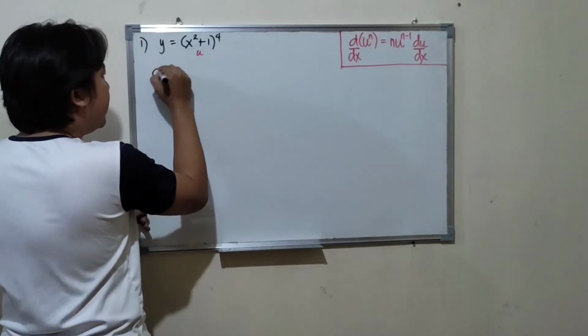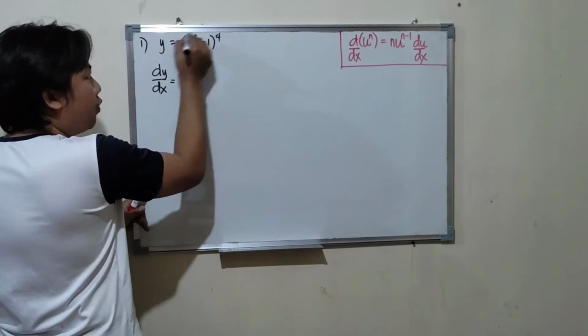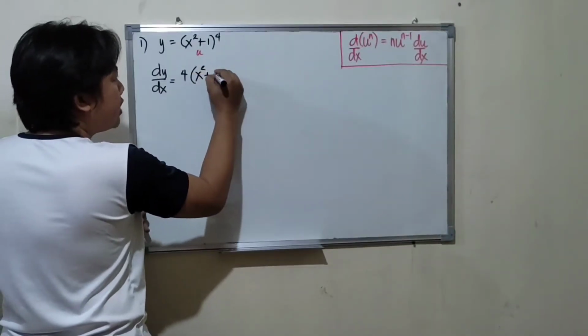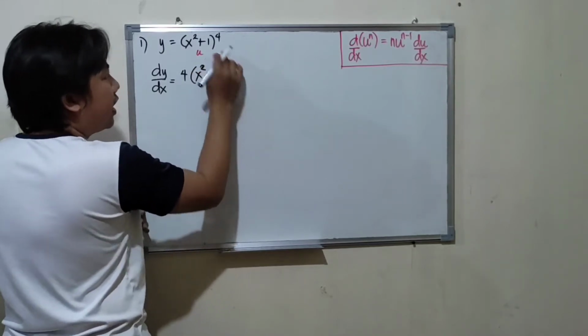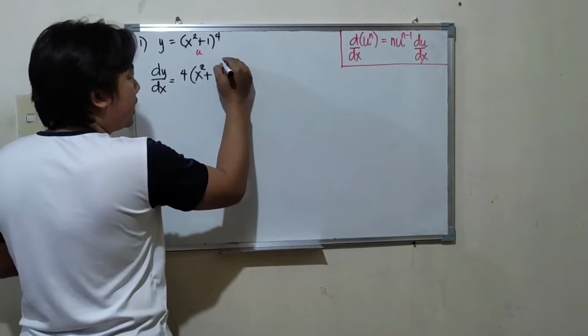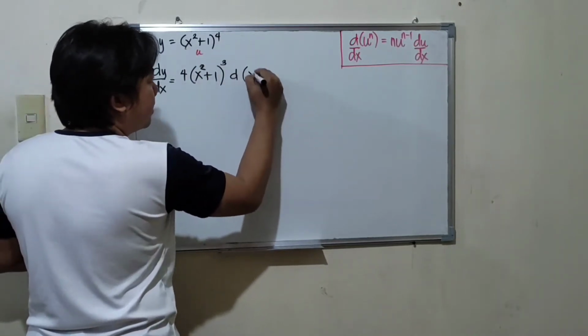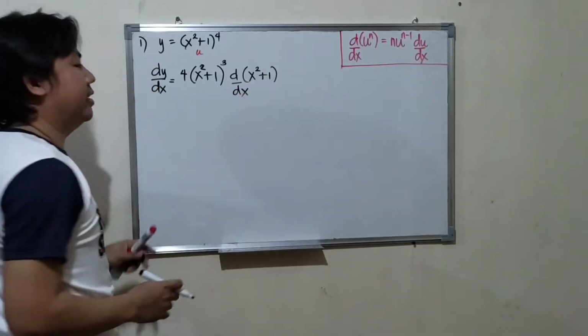We have derivative of y with respect to x is equal to 4 times x squared plus 1 raised to 4 minus 1, so that is 3 times derivative of u, x squared plus 1 with respect to x.